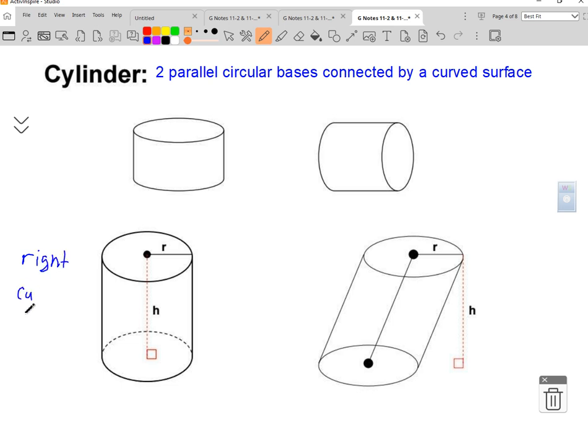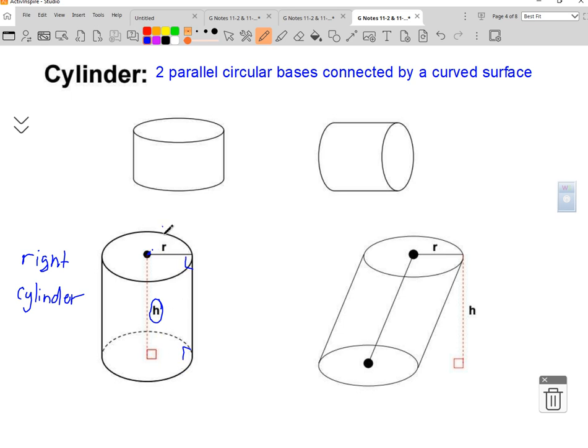And it's called a right cylinder because the radius and that side are always at a right angle, right? Here and here. And this is the height. The radius is the radius is the radius. It's from the center point of that base to the circle, or the curved surface, right? That's the radius.